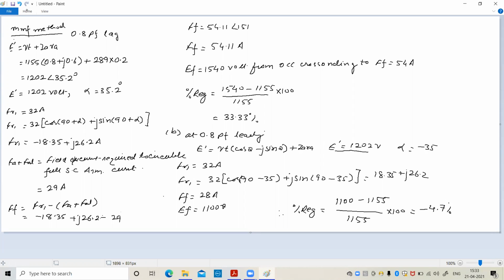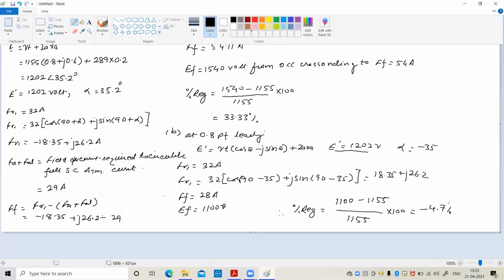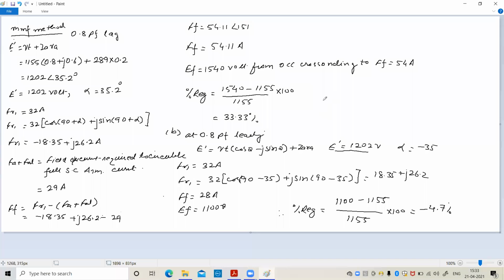Now we are going to compare it, say suppose by EMF method and MMF method. First is at 0.8 power factor lag and 0.8 power factor lead.